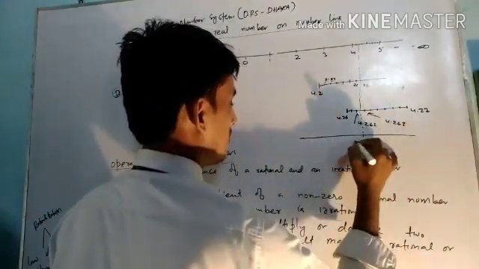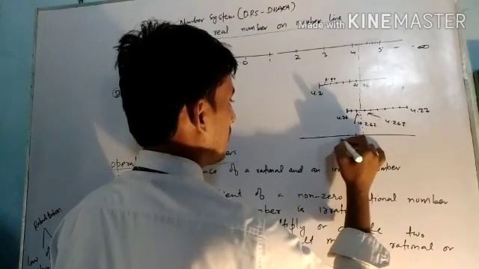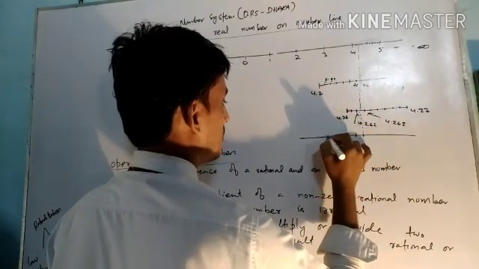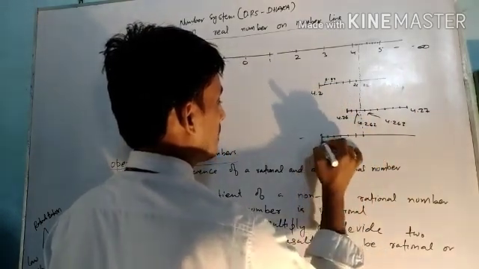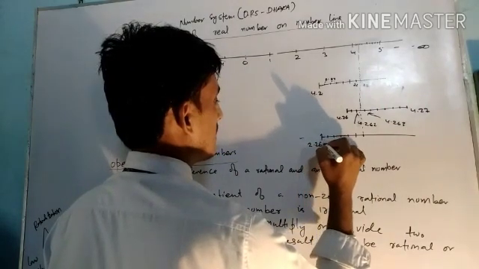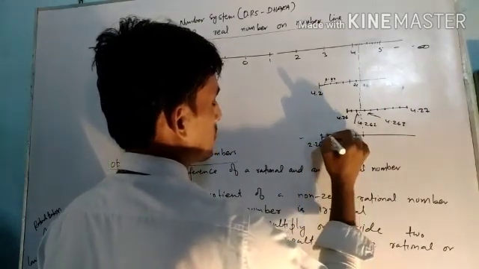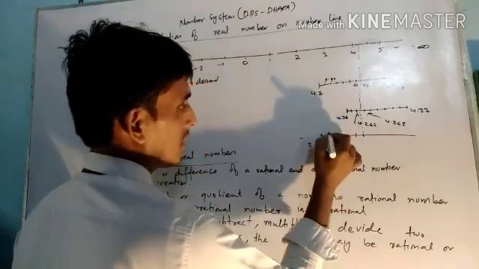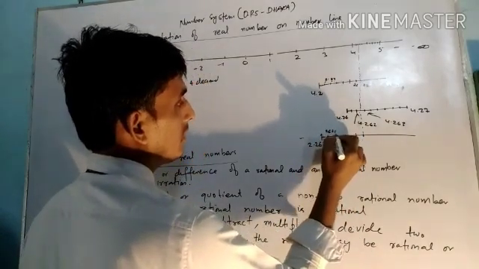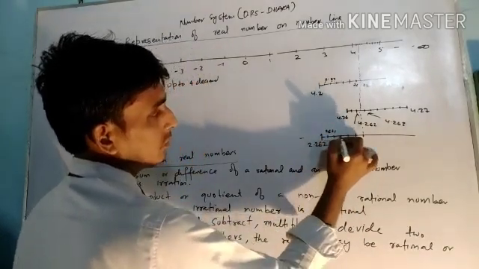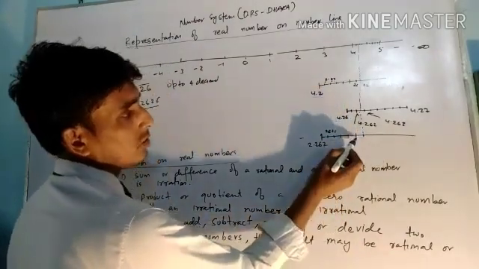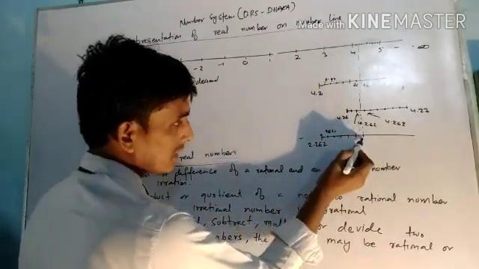See here, this is 4.262, 4.2621, 4.2622, 4.2623, 4.2624, 4.2625 and 4.2626.